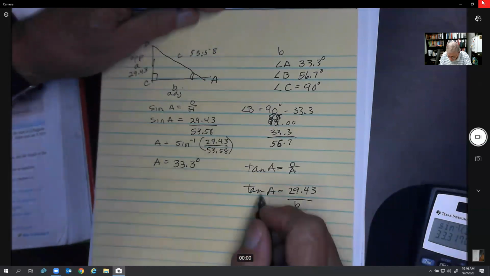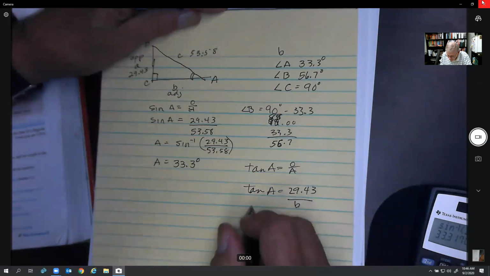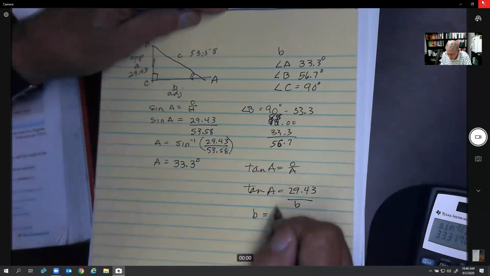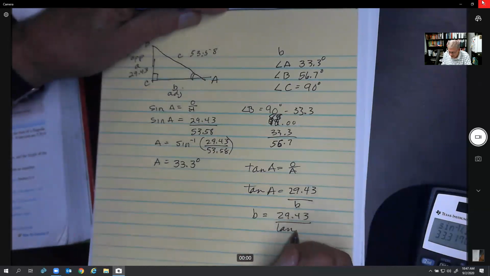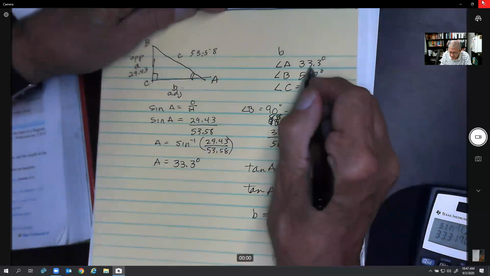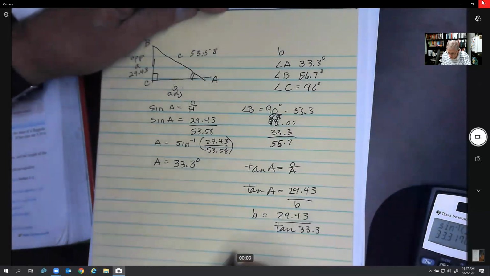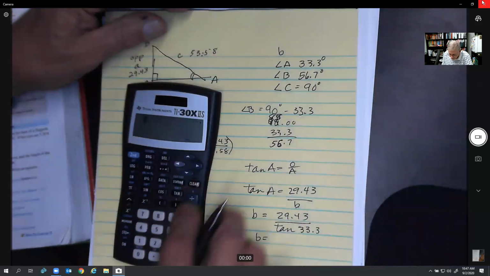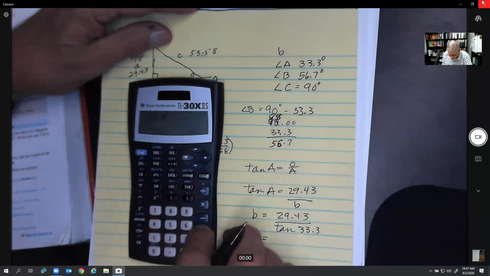We can switch these. So B is going to equal 29.43 over the tangent of A, which in this case is the tangent of 33.3. Let's see what we get. We can enter it on our calculator just that way. Let's see if we come up with pretty close to the answer, 44.77.